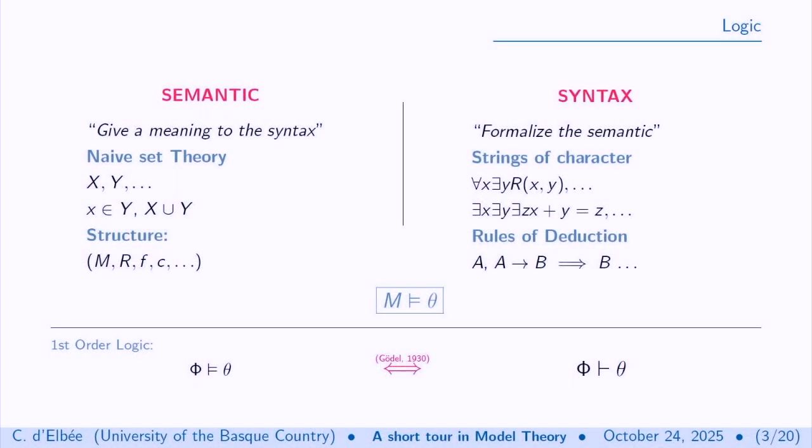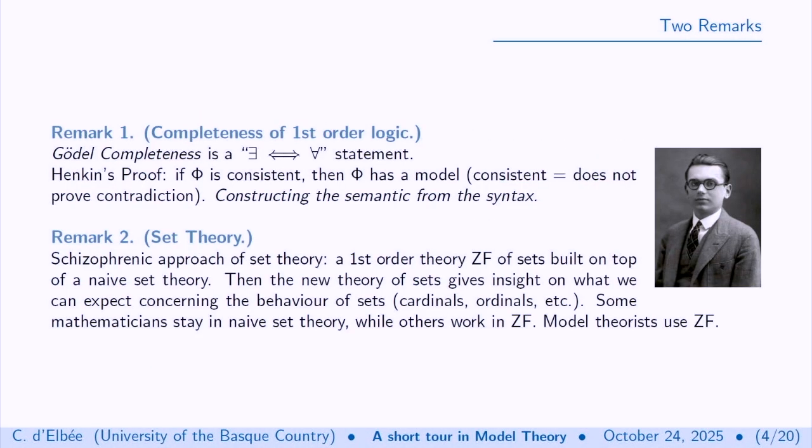So logic, that will be my picture of logic. Maybe I have some remarks. This is young Kurt Gödel, handsome man. The completeness theorem is a very interesting statement. In mathematics, it's not that often that we have such a statement: a for all statement equivalent to a there exists statement.